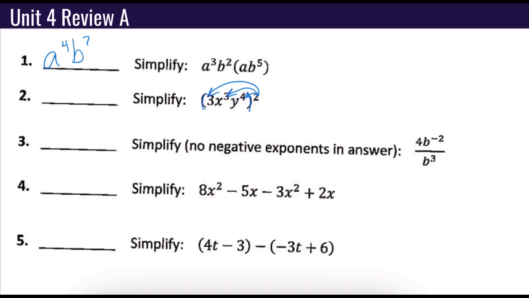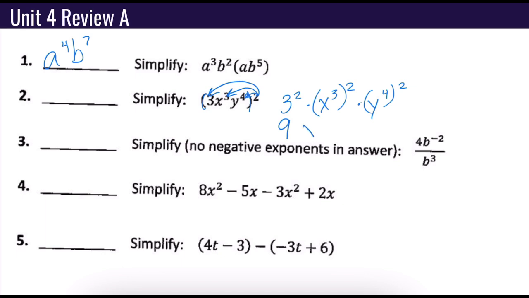And so that's going to give us 3 squared times x to the third squared, because the whole thing gets the 2 applied to it, times y to the fourth squared. Well, the first one's easy. 3 squared is just 3 times 3. That's 9. X to the third power raised to the second. That's 1 base with 2 exponents.